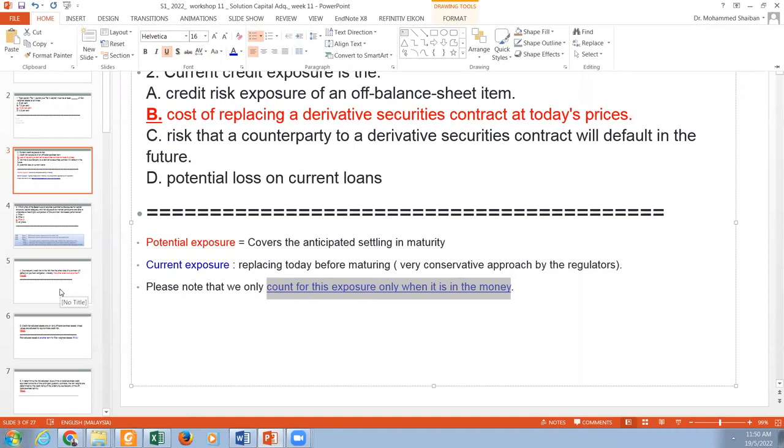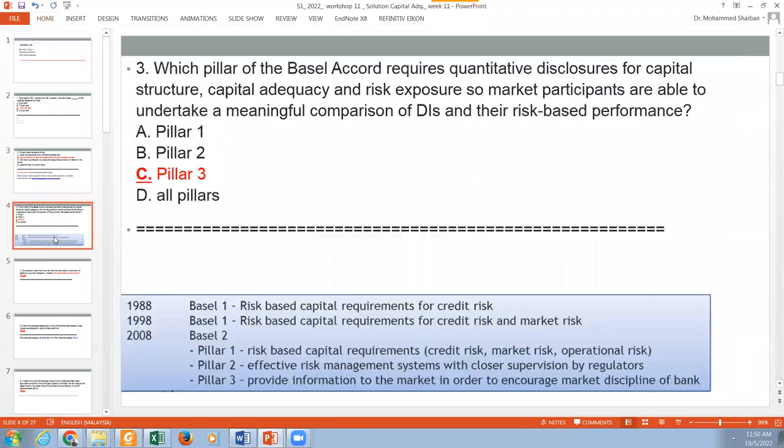Now let's go to the third question. This is an interesting question, and I already added this one for you. We are talking about which pillar of Basel III requires quantitative disclosures for capital structure, capital adequacy, and risk exposure, so market participants are able to undertake a meaningful comparison of DIs and their risk-based performance.